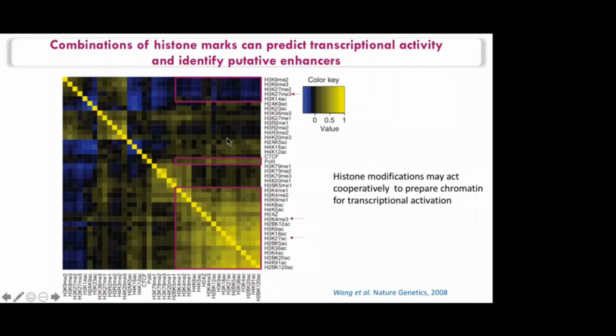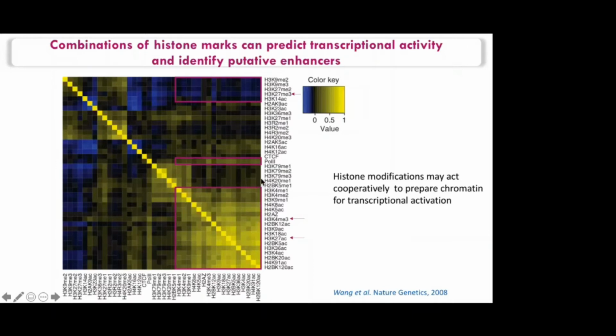Then another paper came from the same lab, a follow-up paper 1 year later, and in this paper they looked at histone acetylation marks, 18 of them. I know there's a lot to take in this heat map here, but just focus on the right bottom of this figure. This big block shows that all these histone acetylation marks are co-localizing on the same sites.